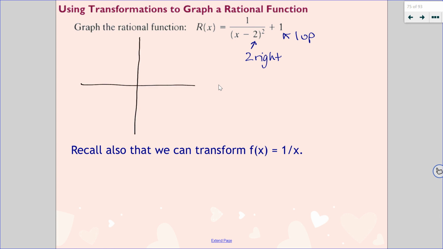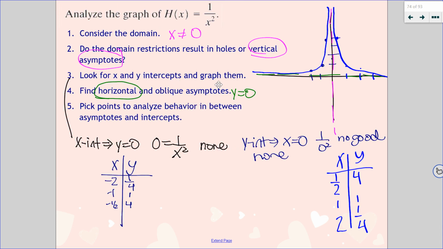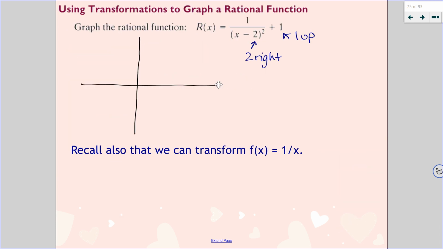So I'm going to take that function I just graphed, and I'm going to move it 2 to the right, the pinky one, 1, 2, and I'm going to move the green one 1 up, and I'm going to draw the volcano.